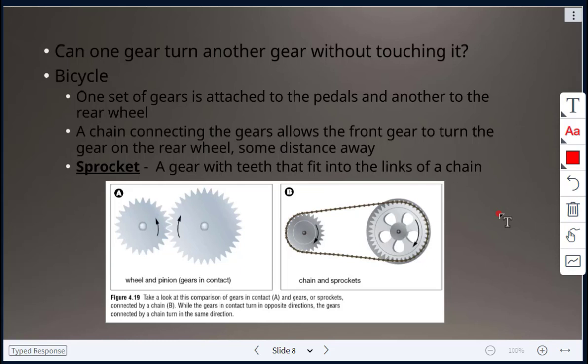A sprocket is a gear with teeth that fit into the links of a chain. All right, so that's what a sprocket is. So here, when we have wheels or gears in contact, again, notice the rotation is in opposite directions.